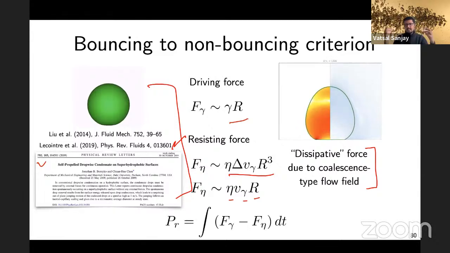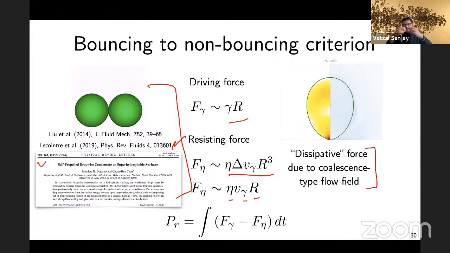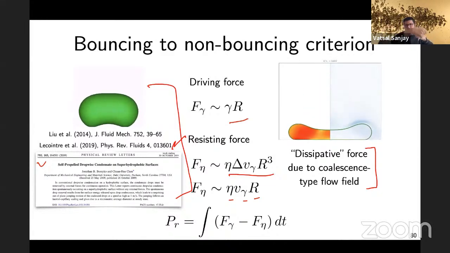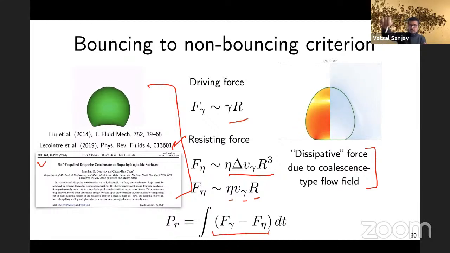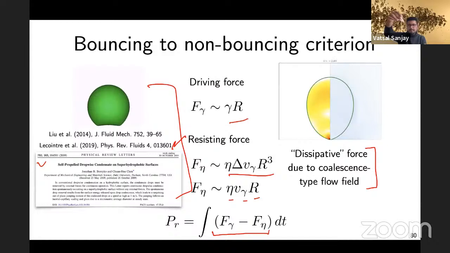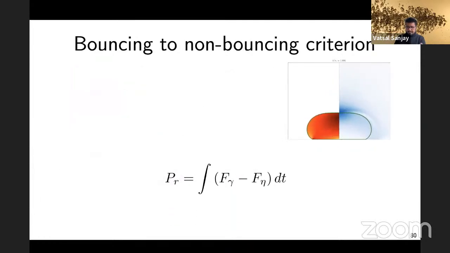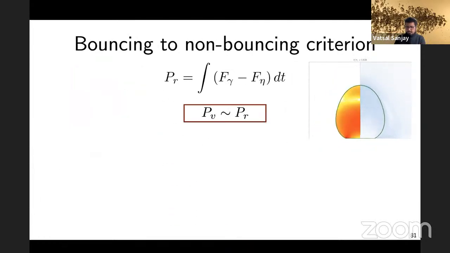And the idea is that this radial momentum that happens when we have this radially inward velocity field is basically equal to this integral of F gamma minus F eta, and that gives us some sort of radial momentum scale, which we have over here. And that takes me to the second very big assumption that I'm going to make while making this scaling argument.